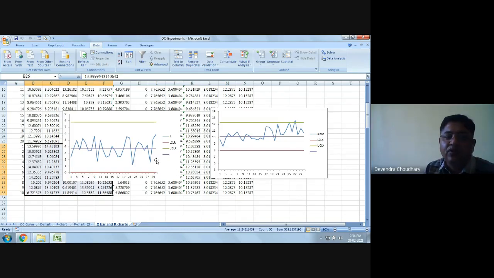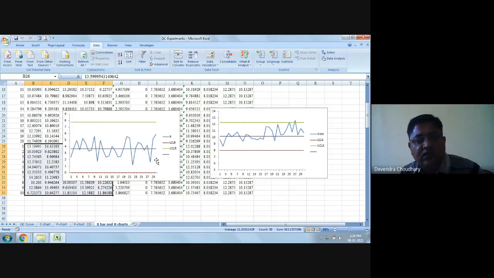So by doing such experiments on an Excel sheet, you can analyze the impact. Not only can you plot and see the control charts X bar and R, but you can also analyze the impact of change in variability or shift in mean.